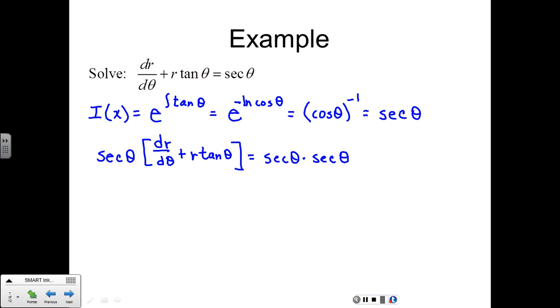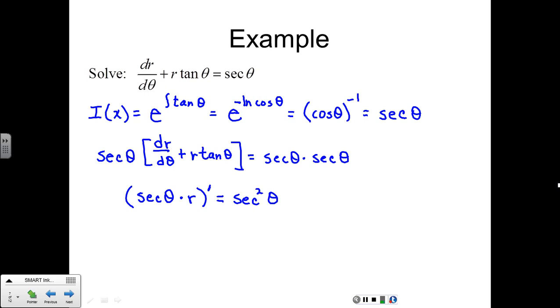Now, if you remember from last week's discussion, this is awesome because if you get the correct integrating factor, the left side is always the derivative of the product of the integrating factor and your dependent variable. So this has secant times r prime is what you would get. Secant times r prime on the left side. And on the right side, secant times secant.